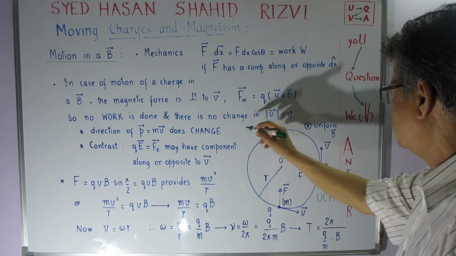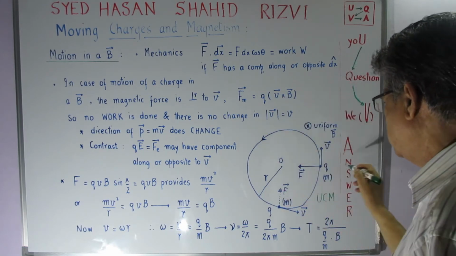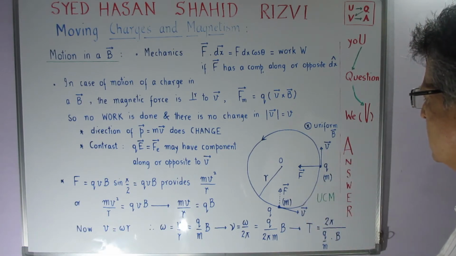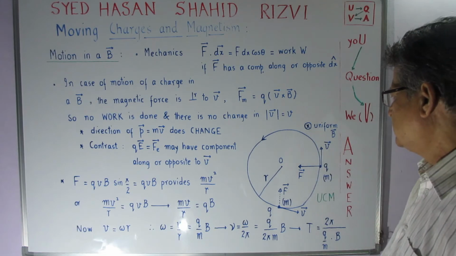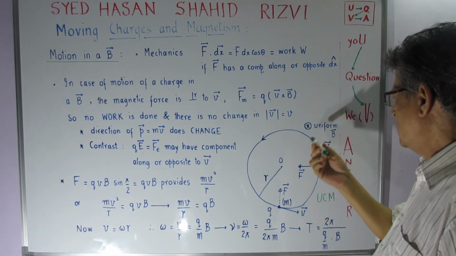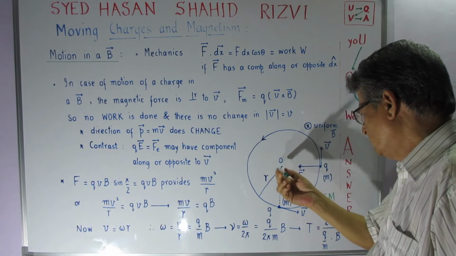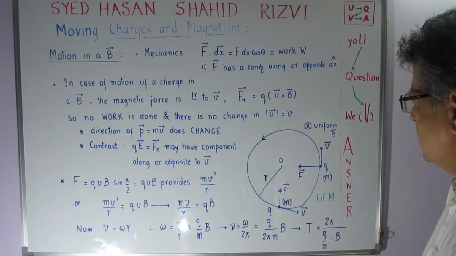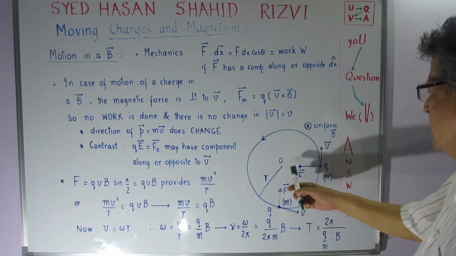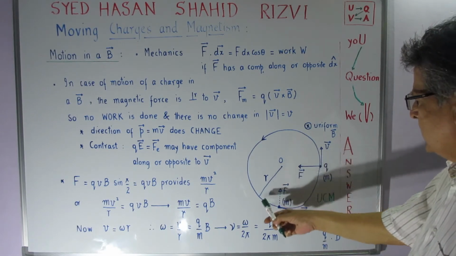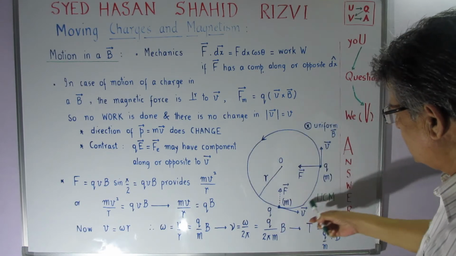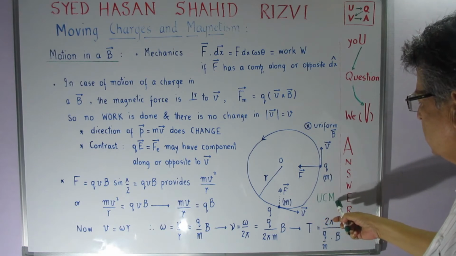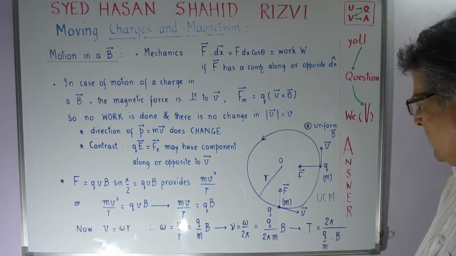I must have shown these crosses all along equally spaced like that, but because I'm drawing on a whiteboard, I'm just taking the advantage and telling you that the magnetic field is into the board, into the board, into the board, etc. And away from this point O, there is a circular motion. What kind of circular motion is that? This is called UCM, uniform circular motion.